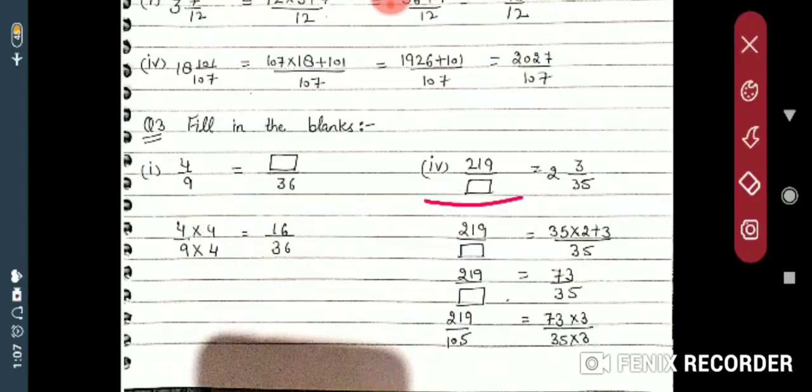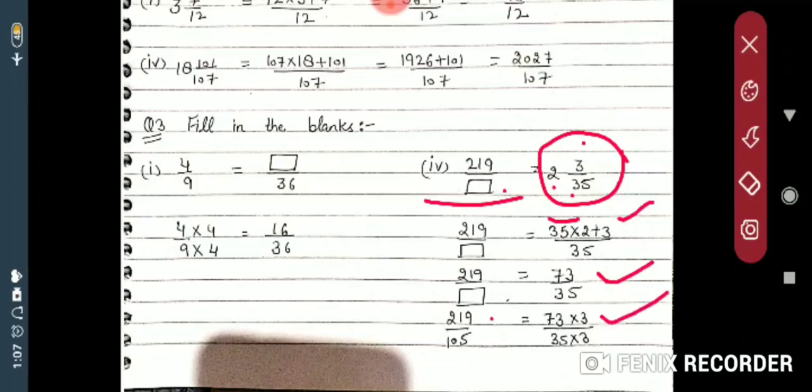Now 219, then fill up. Here a mixed fraction is given. First you have to convert this mixed fraction into an improper fraction. 35 multiply 2 is 70, and then you add this 3 and you will get 73 upon 35. You can do this in two ways, either by division or by multiplication.